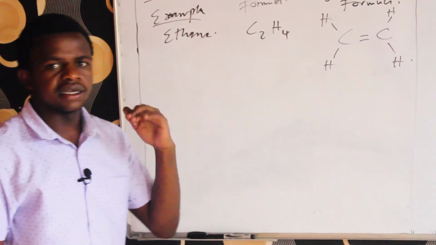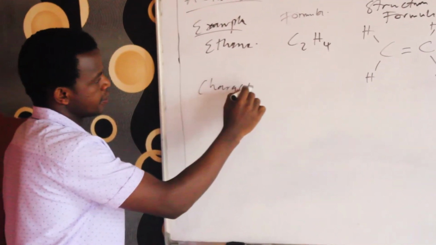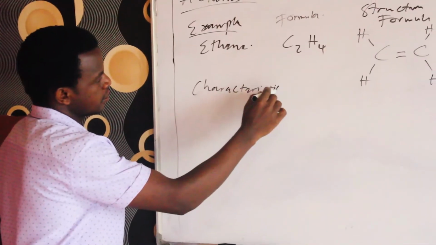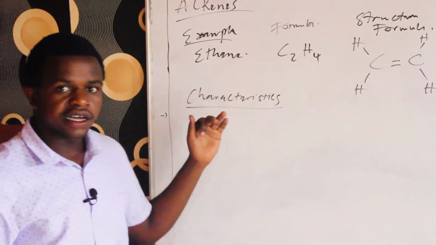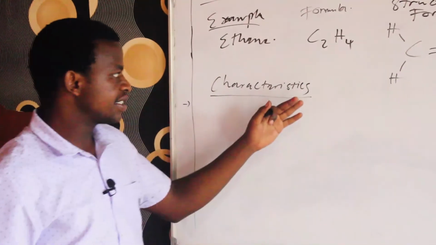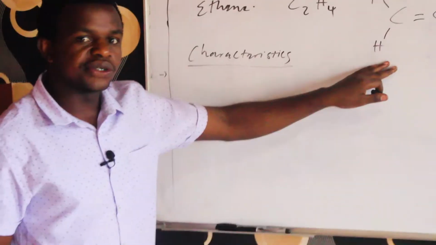Then let us look at the characteristics. So the first characteristic that we can say here is that the alkenes are hydrocarbons.